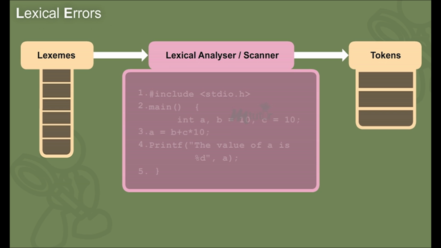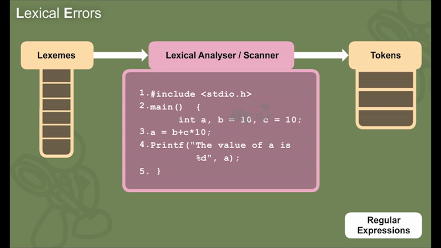A lexer is a software program that performs lexical analysis. If the lexer finds any invalid token, it cannot continue with the scanning. So, it throws an error which is called a lexical error. For example, consider the source code in a C program. Here, the lexical analyzer cannot find whether printf is a keyword or not.